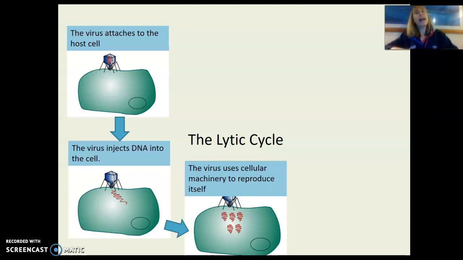And the reason why it has to go inside the cell is because the virus uses all your cellular machinery to reproduce itself. So now you can see from having 1 strand of DNA, we now have 5 strands of DNA. So the virus is starting to replicate or reproduce.